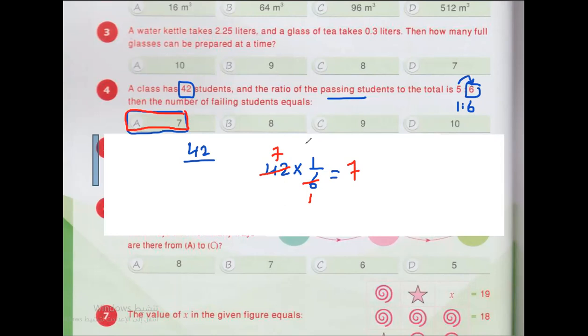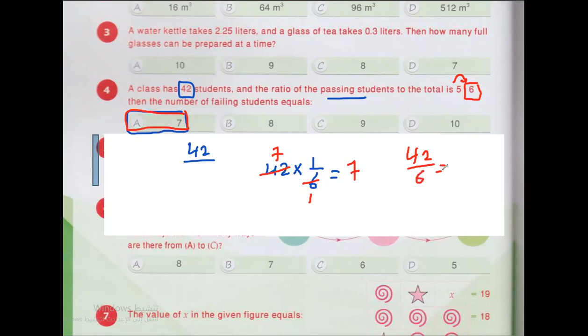This is the first method. I can also use another method, where you divide it by all the parts. When I have the ratio, look here, how many bars do I have? He said 5 to 6, so the total is 6 bars.